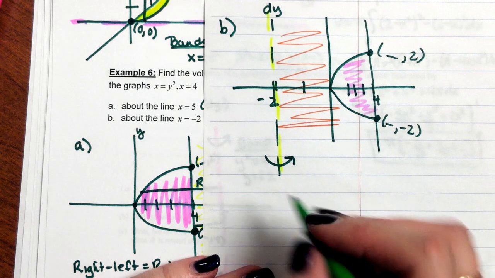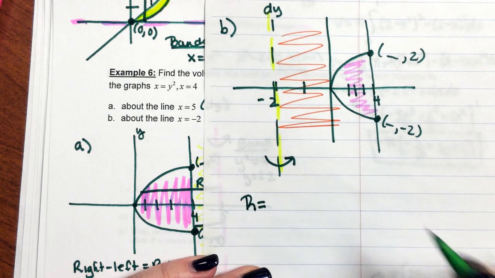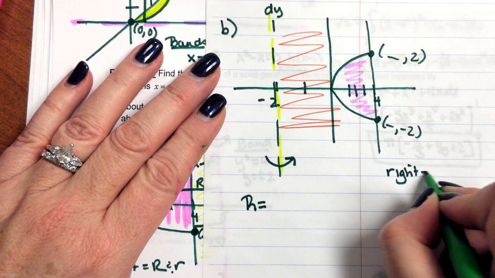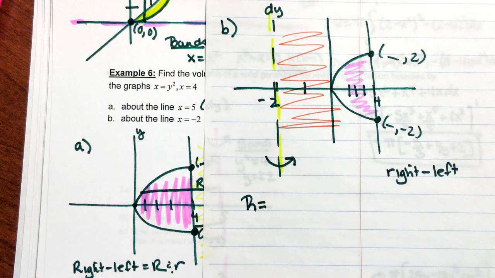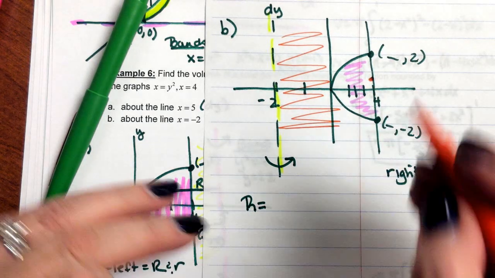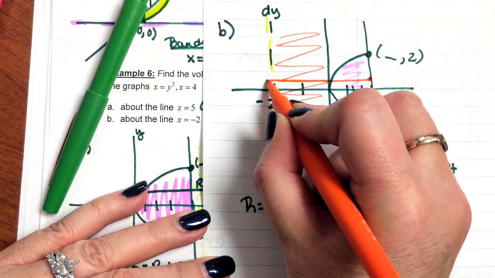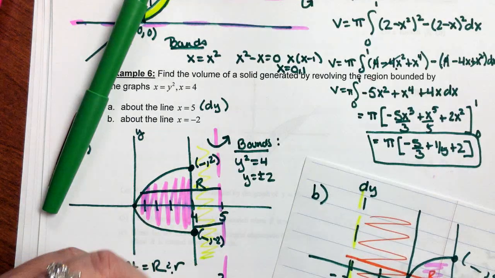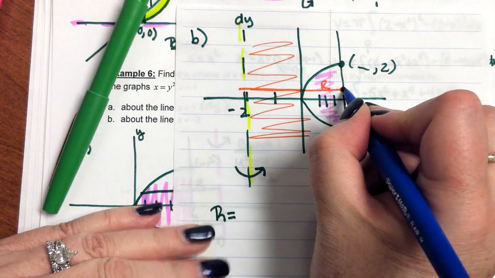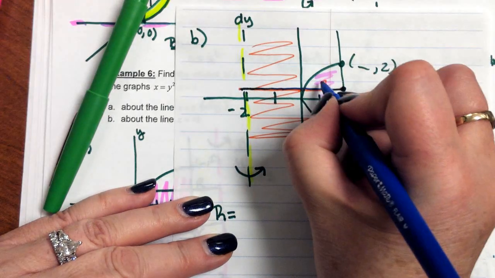So you have to consider your outer radius. So again, since this is a dy, you have to consider right minus left. So going all the way to the right, the function that's furthest on the right is 4. There's your outer radius. So your outer radius, again, knowing you're going from the function on the right.